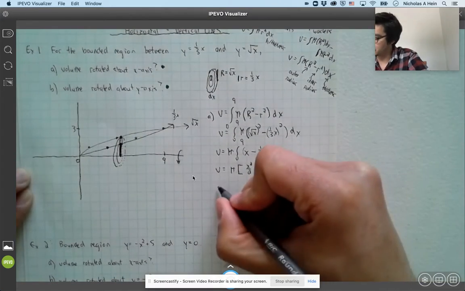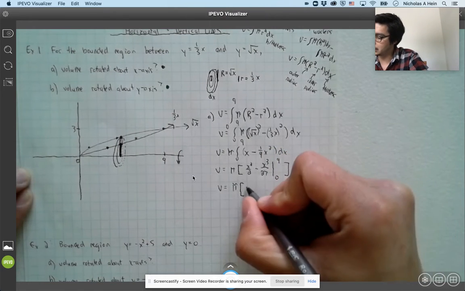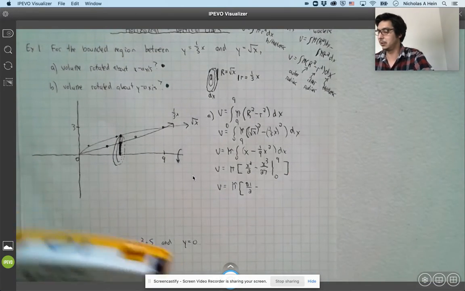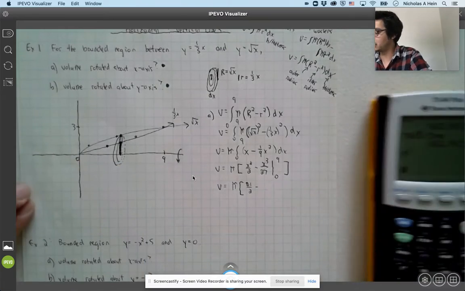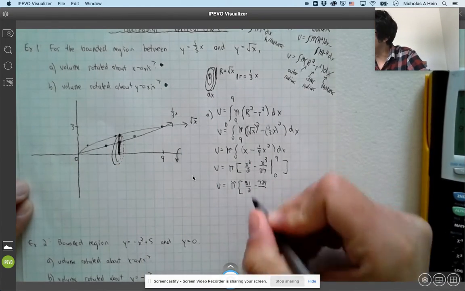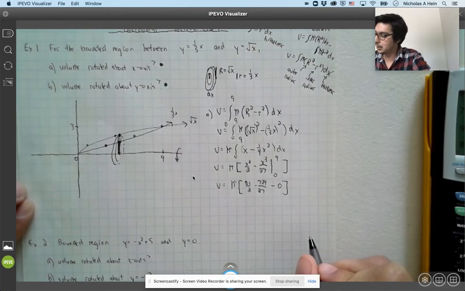All right, so then we end up getting here, volume is going to equal pi. If I plug 9 in, I'll get 81 over 2 minus 9 to the third. I don't know what 9 to the third is, 200 something. 729, so minus 729 over 27, and then all of that will be minus 0 if you plug that in.